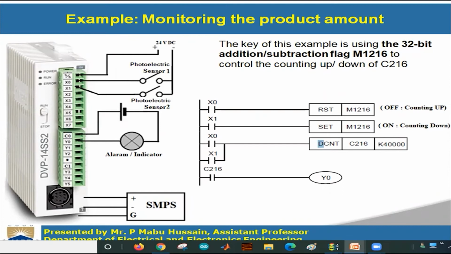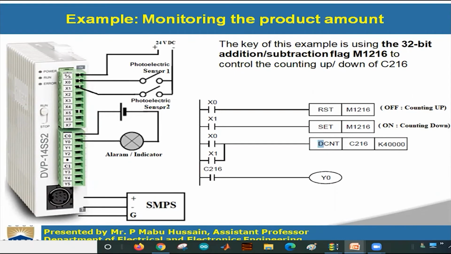Here also you are going to use one counter which is not only an up counter, it has to measure down counting also. The key for this example is that you have to use the 32-bit addition or subtraction flag M1216. M1216 is a flag register. By switching it on and off, you can make one counter be measured either up or down.